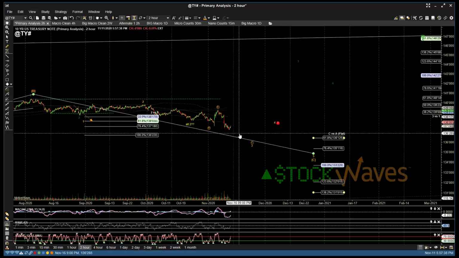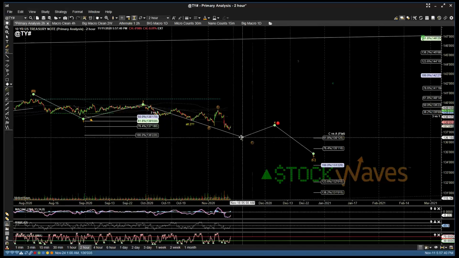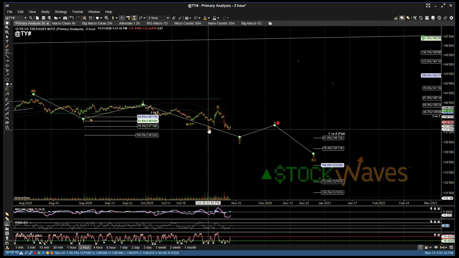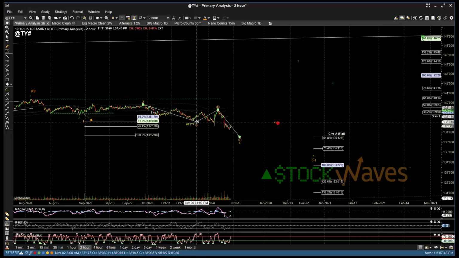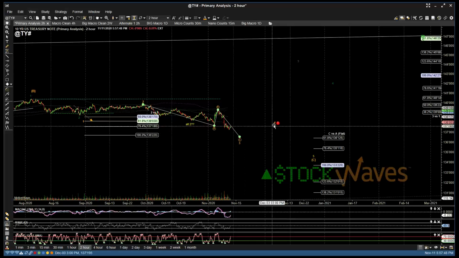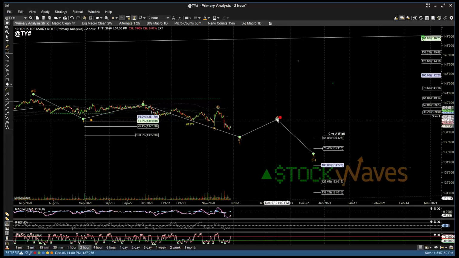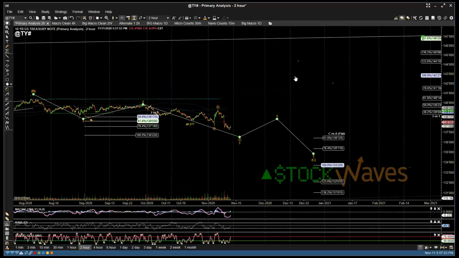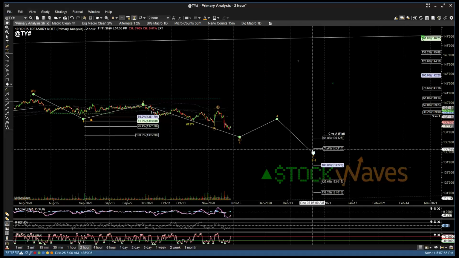We can probably get one more drop in a possible C wave for the third, and it's not quite clear if this should be the A or the A, but then probably going to get a pretty decent bounce in the wave 4, and then maybe makes it down closer towards that 135 region.